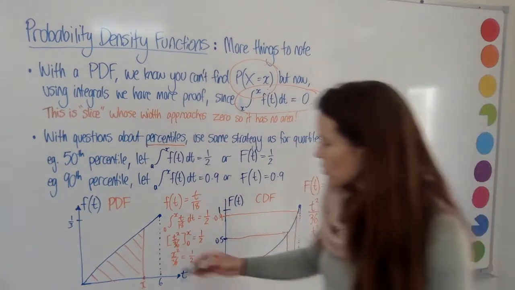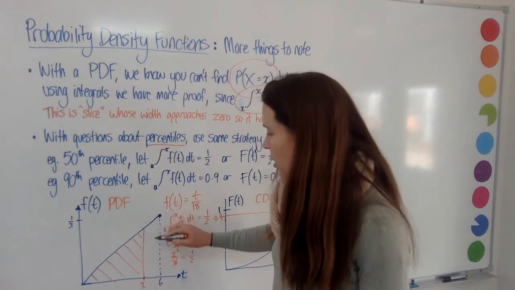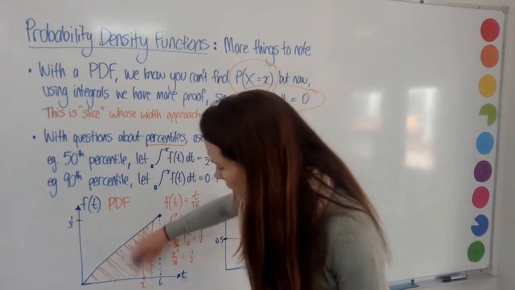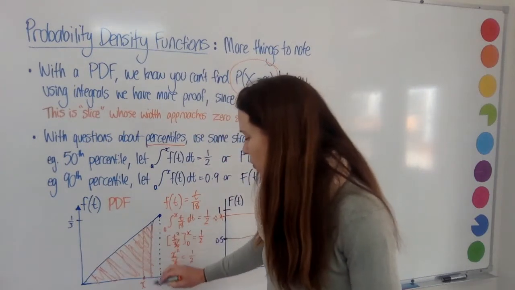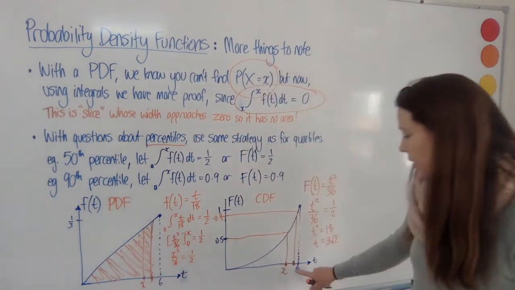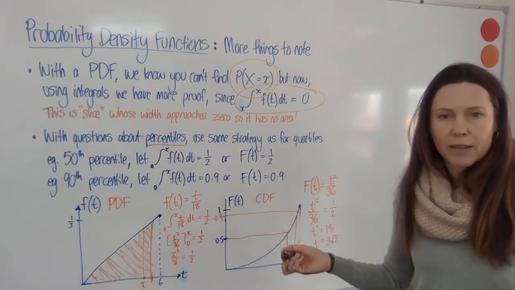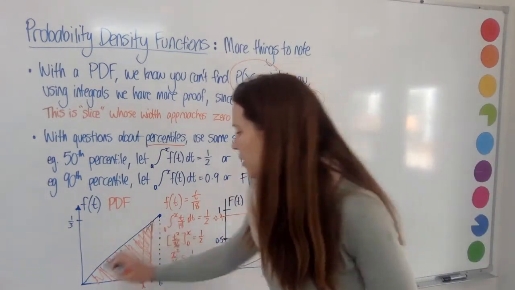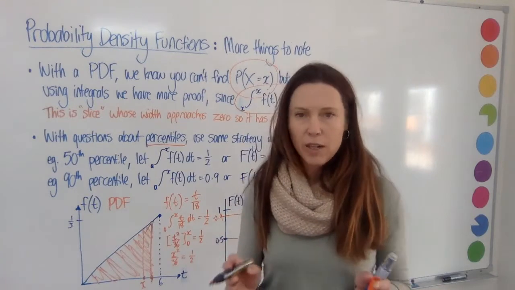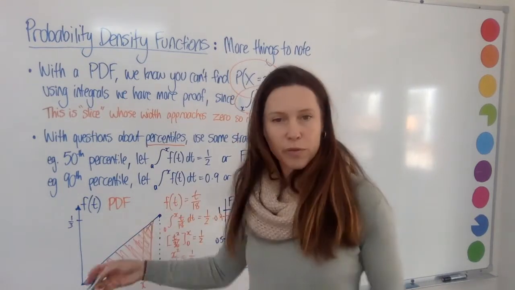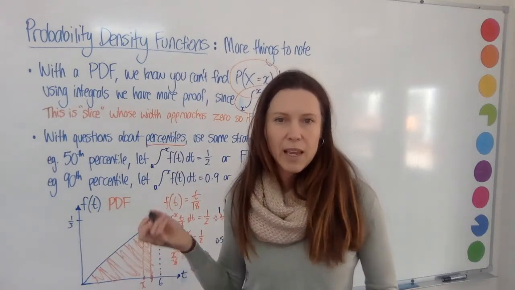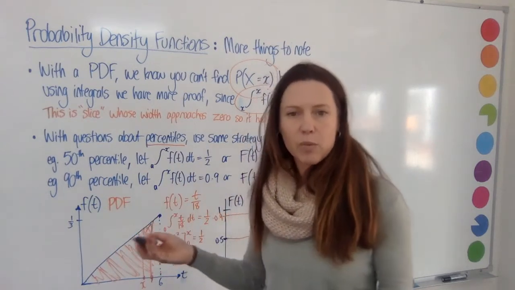The same sort of strategy over here would be to say we want a triangle that has an area of 0.9. So you can figure that out here and you'll end up with the exact same x value in both cases. Now don't forget that if we're solving definite integrals and we don't have an equation or a formula for this little f of t, we can often just use area formulas to come up with the same thing.